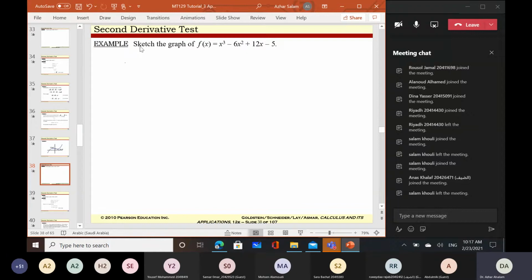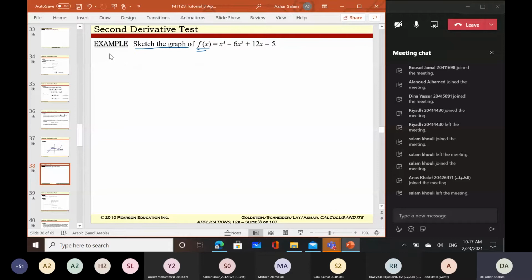The question here, of course, is using the second derivative test, sketch the graph of the function f of x. This is the given function f of x. It's of the third degree, and it's a polynomial.